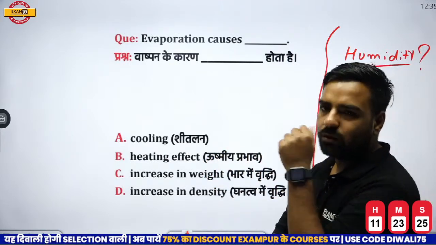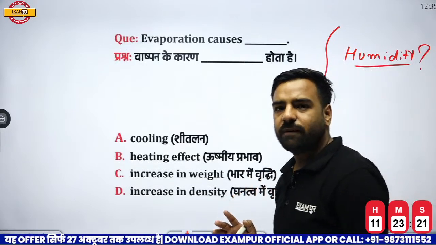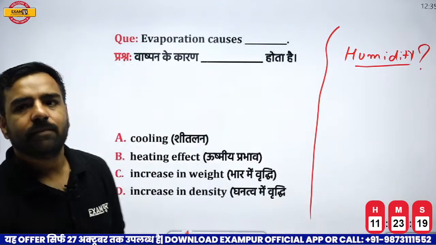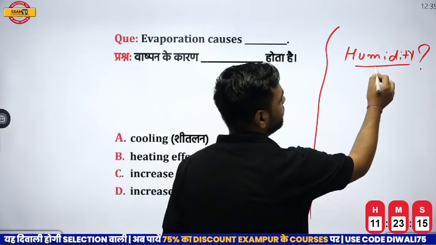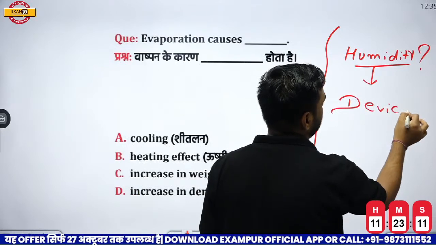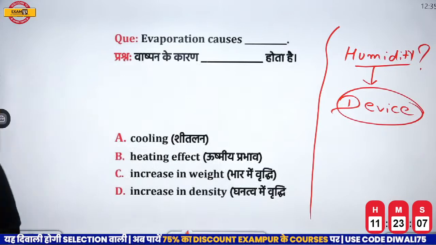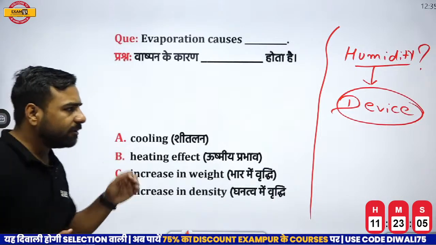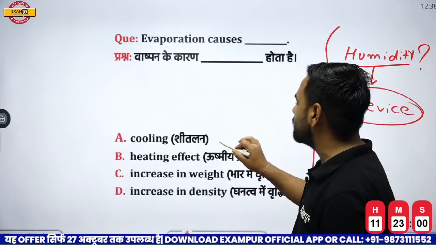Yeah. So Vinod is the first one to answer this. That is cooling. Vikramaditya, are you also with the same option? Waiting for your answer. Then I'll explain. Till then, my next question is, the device used to measure humidity is what? So Vikramaditya is going with B, that is heating effect. Vikramaditya, please remember, when we talk about evaporation, it actually causes cooling.